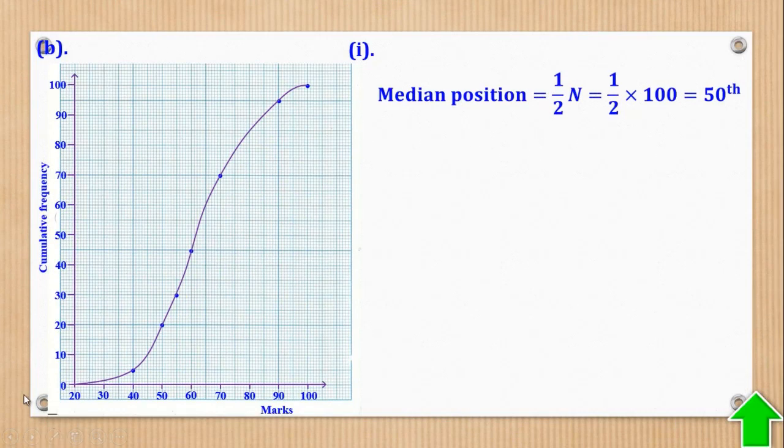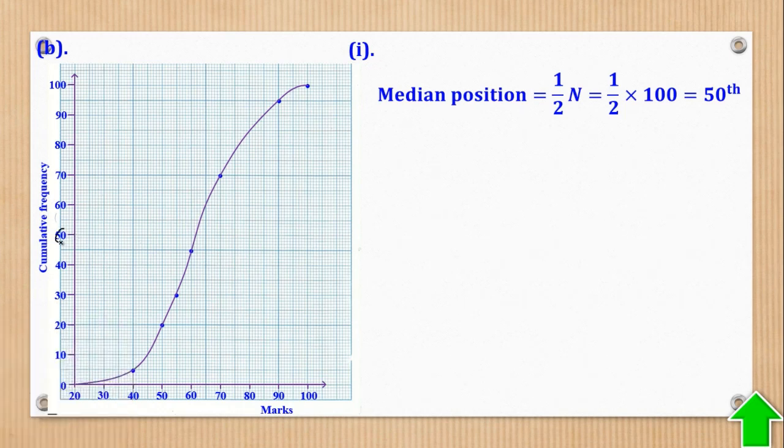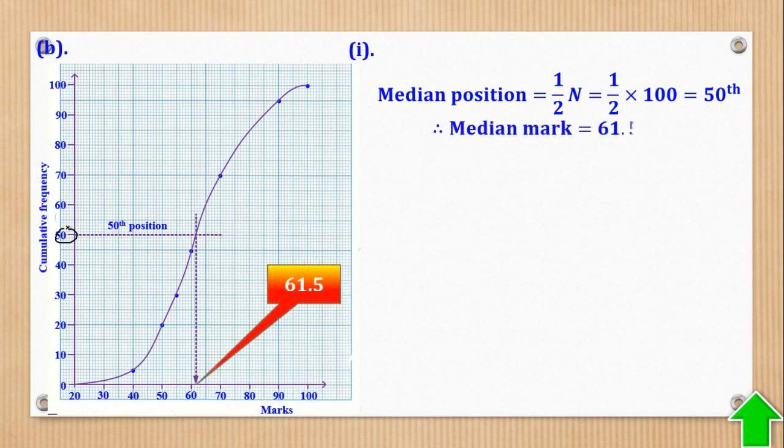That means that you will come here and locate where 50 is, then take a horizontal line to meet the curve. Then drop a vertical line to meet the horizontal axis. Read off that value, and that would be the median they wanted. Okay, that was Roman 1.